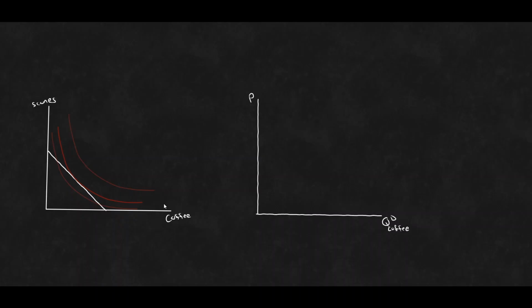Our goal then would be to obtain the highest indifference curve that we can, given our income, given our budget. And so, given the constraints, the current price of scones, the current price of coffee, we could, given our income, get to some point right here such that our indifference curve is just touching our budget constraint.